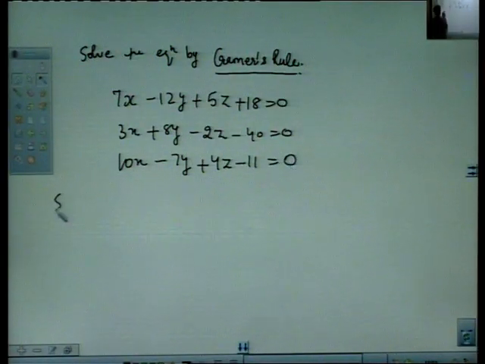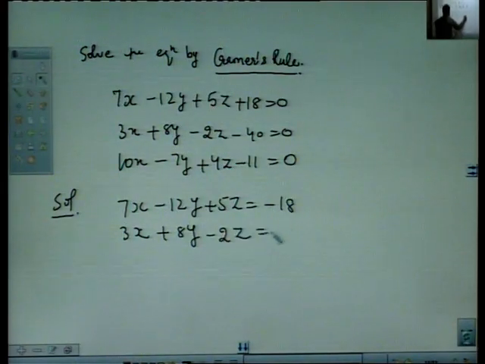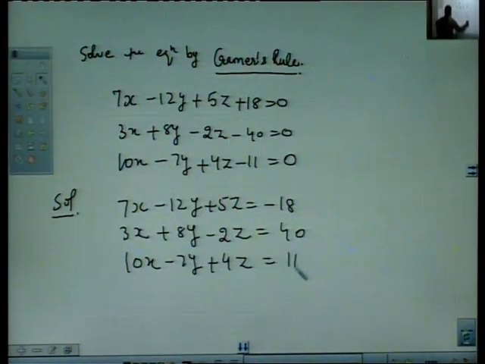Solution: first of all, we take the constants on the right hand side, so 7x minus 12y plus 5z is equal to minus 18, 3x plus 8y minus 2z equal to 40, 10x minus 7y plus 4z equal to 11.